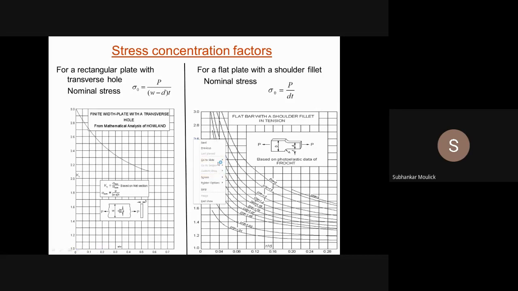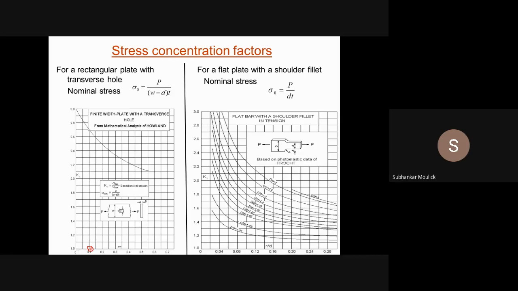So approximately 0.12 is nothing but this particular point. This point. Yes or no? Yes, sir. This is 0.12. This particular point is 0.12.